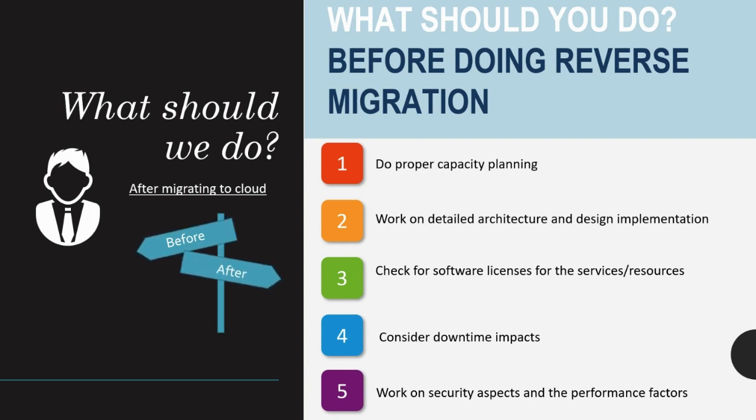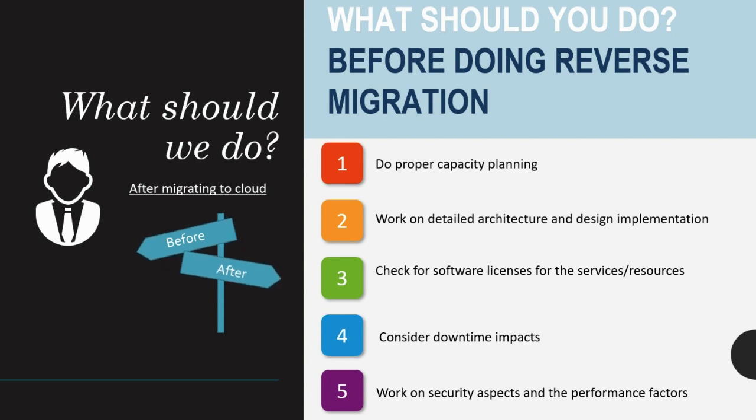Number one, do proper capacity planning for the on premises setup, because you might have used an abundant amount of resources at the public cloud, and you need a similar kind of infra environment on premises in order to handle reverse migration. Number two, work on detailed architecture and design implementation to move the application landscape to on premises.